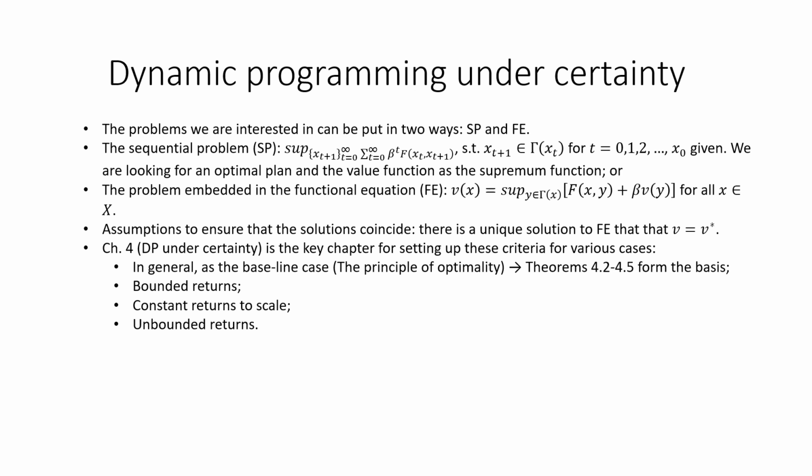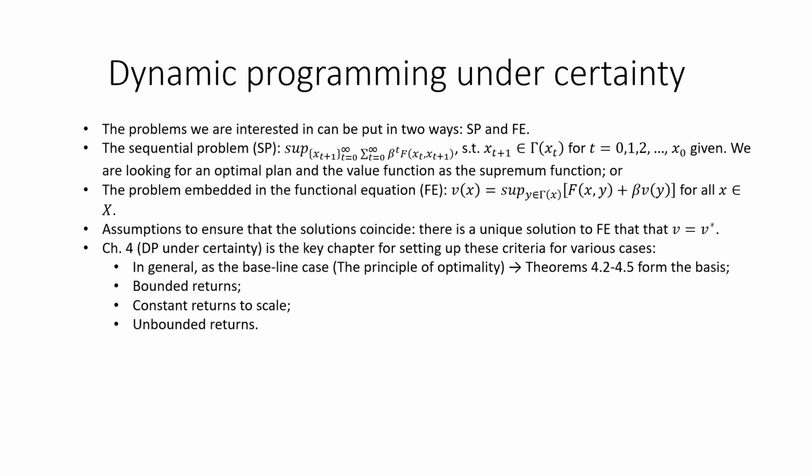It must be unique, but the functional equation may have multiple solutions, so we need criteria by which we have only one solution to the functional equation, which is the supremum function of the sequential problem.